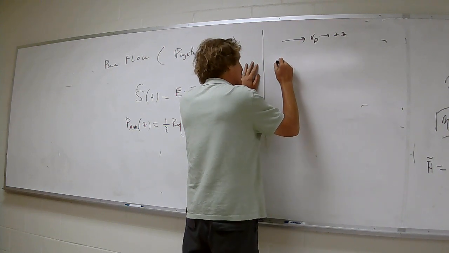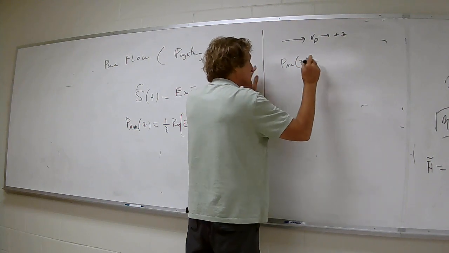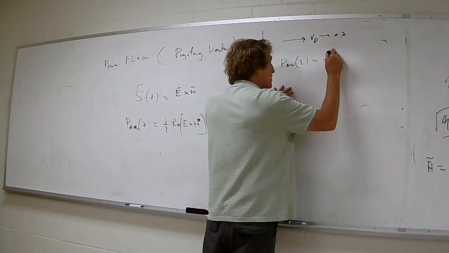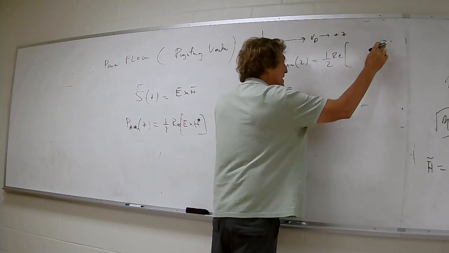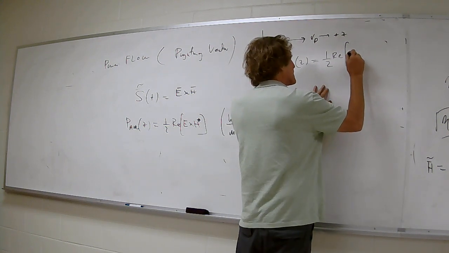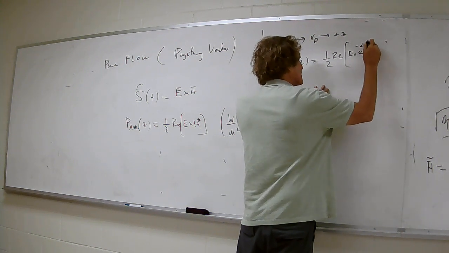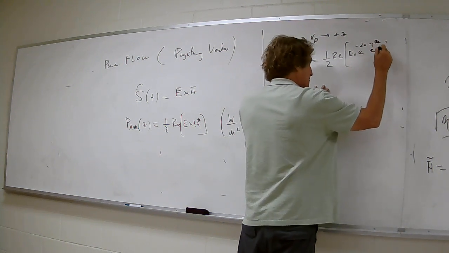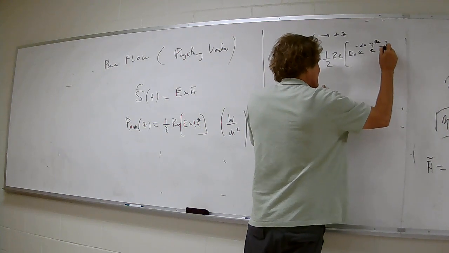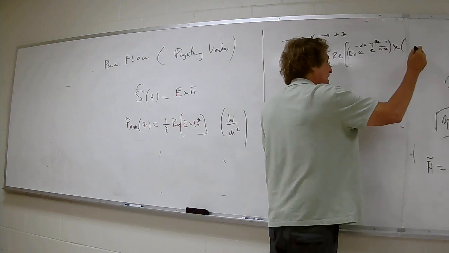Then the average power flow in the direction z is 1/2 the real part of E. Well, E is equal to E naught, right? And it's going to be e to the minus alpha z, e to the minus j beta z in the a_x direction. And it's crossed the H field.